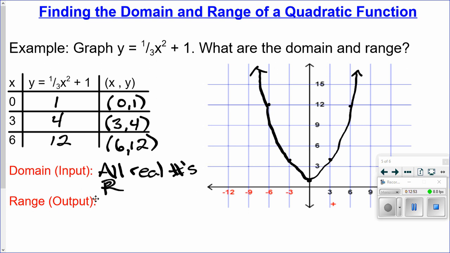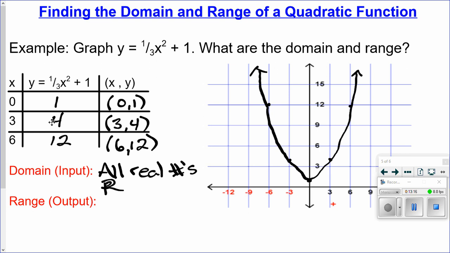For the range, the output, if we look at our graph, the graph is a picture of your outputs, right? All of our outputs are up above +1. So they're all up here. There's no values down here. There's no lines down here. The output does not go below 1.